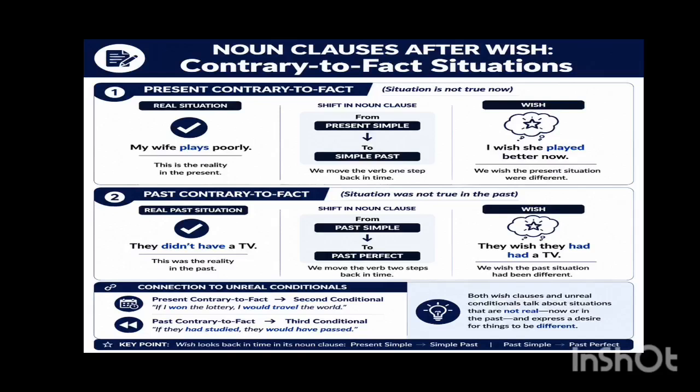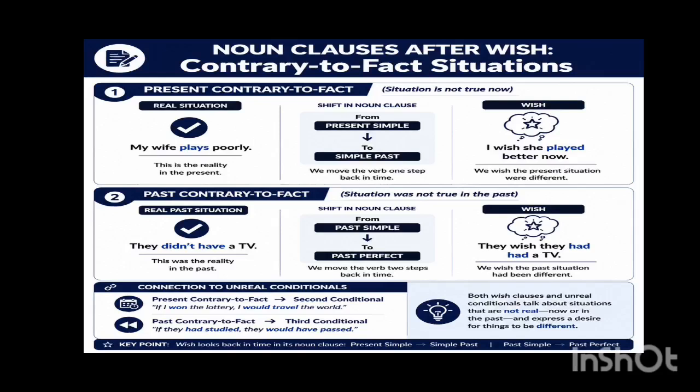And we have connections to conditionals. For those of you who know your conditional sentences, you'll see a clear connection here. Present wishes use the same logic as the second conditional. If I won, I would. Yes, this is the structure.